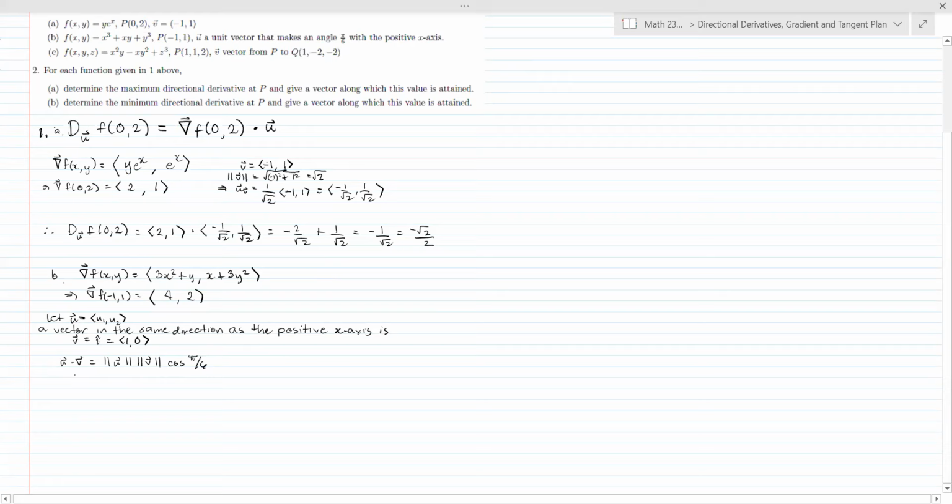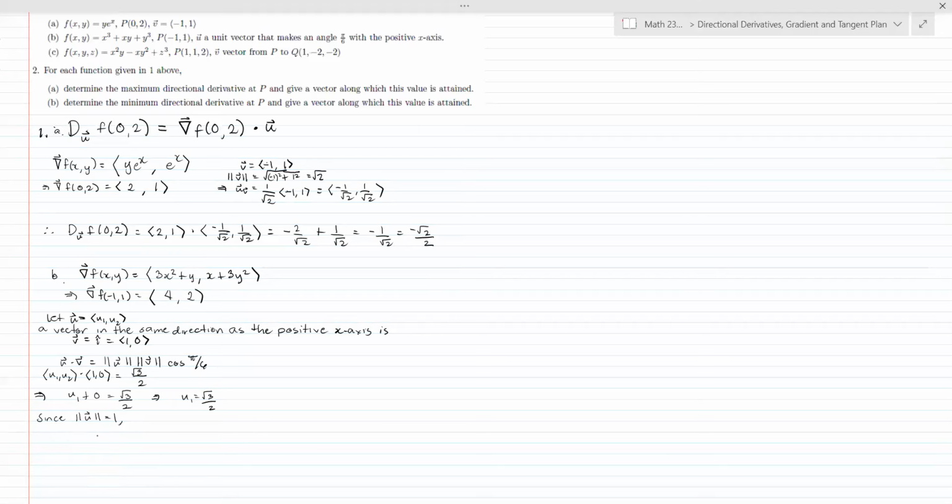So, since norm ng u ay 1, so square root of u1 squared plus u2 squared, this is equal to 1. Means square root of 3 over 2 squared plus u2 squared is equal to 1.